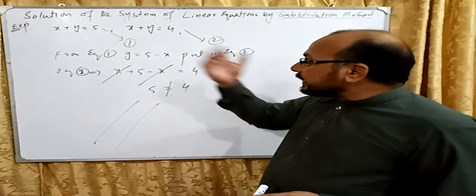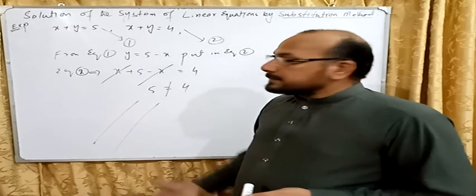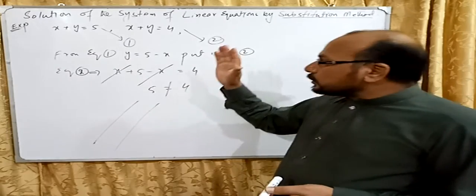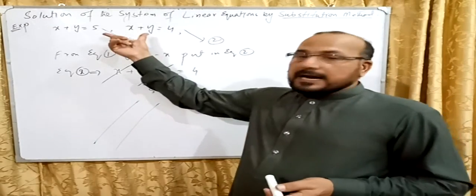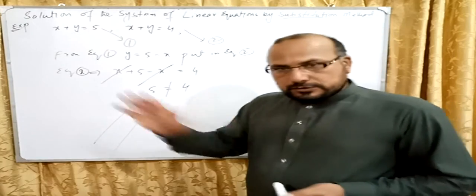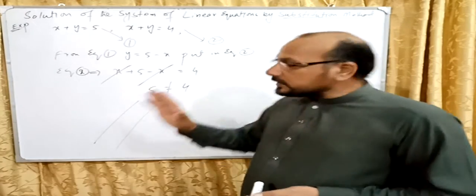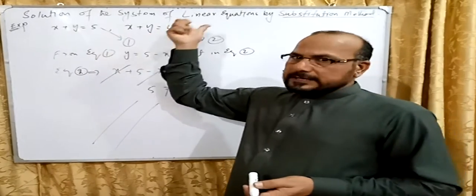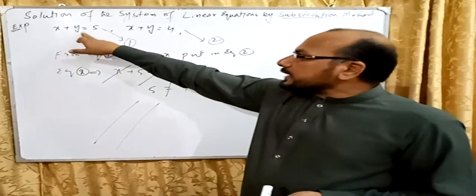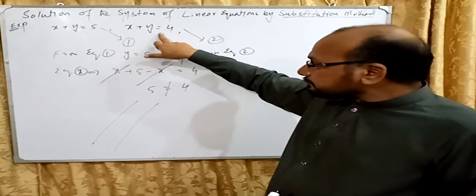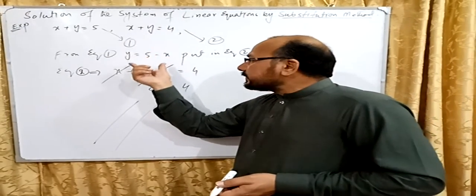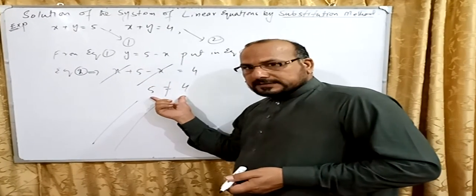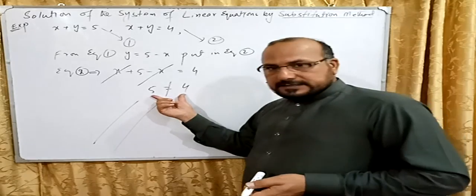So when you are finding the value of a variable and the variables vanish, and at the end you get a wrong statement, a false statement, you can say that the lines are parallel and they have no solution. This is the way you can solve a question like this by using the substitution method. The equations are different, but when we were finding the values, we got a situation like this, which is a false statement.